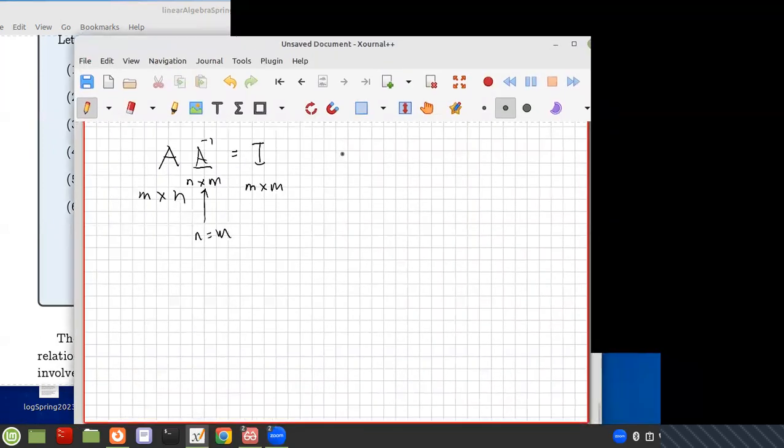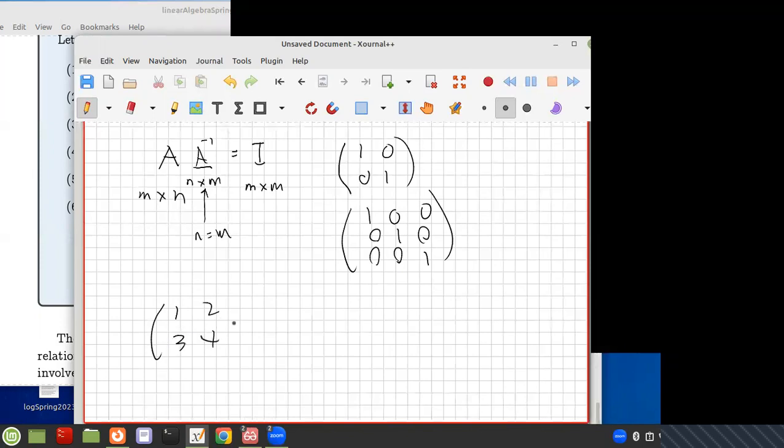The identity matrix looks like this in general. There's a 2 by 2 identity matrix, and there's a 3 by 3. You can see this: let's say I had 1, 2, 3, 4 and I multiply by 1, 0, 0, 1.